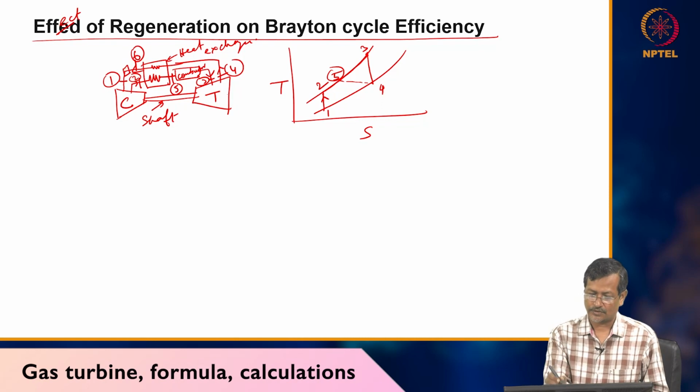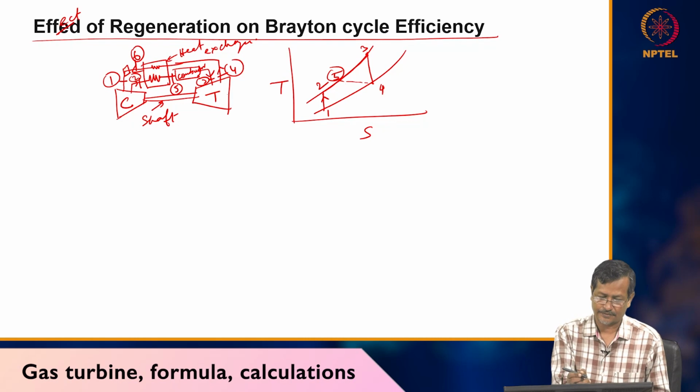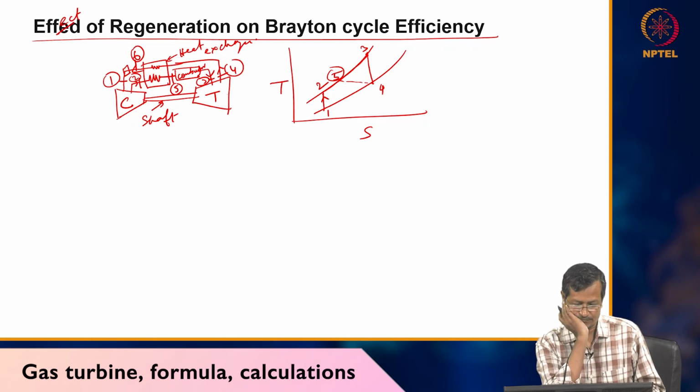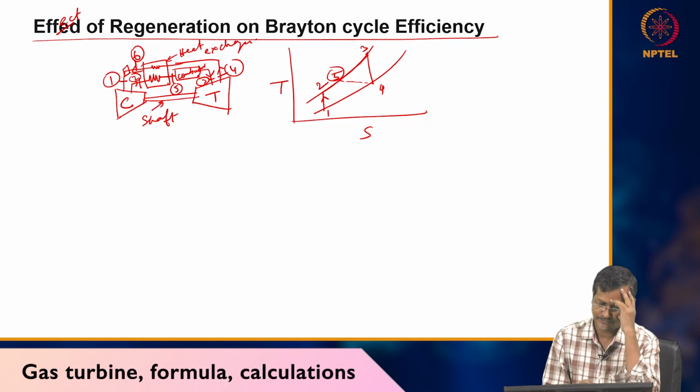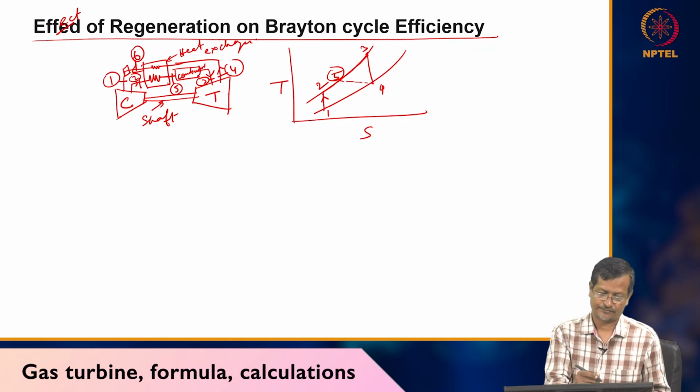Okay, so 4 to 5. Just wait. What is happening here? 2 to 6. Something wrong happened. What happened here? Heat exchanger. 5 is in the wrong place, right? Location is wrong.